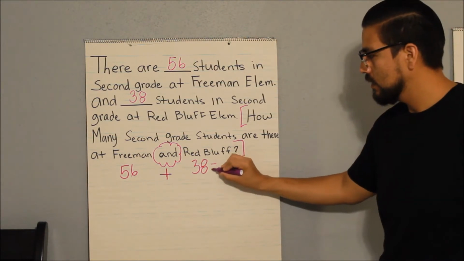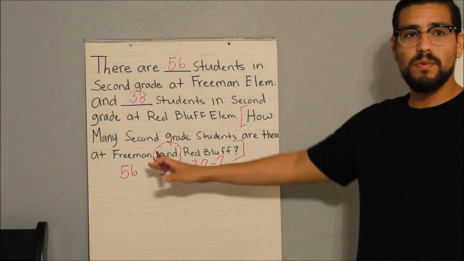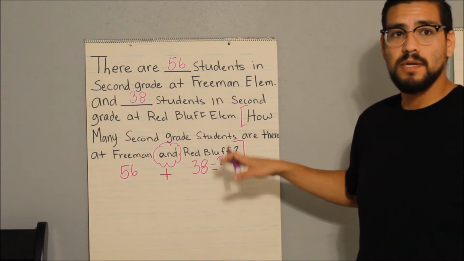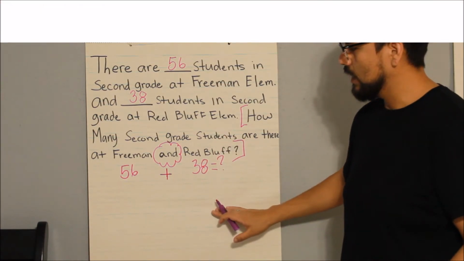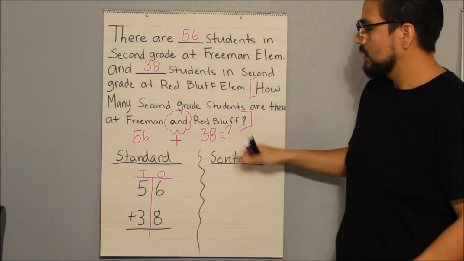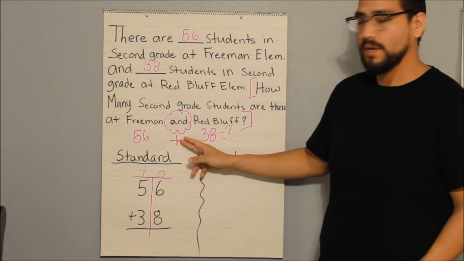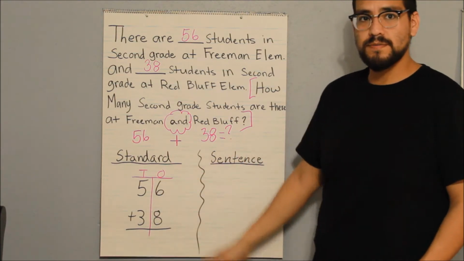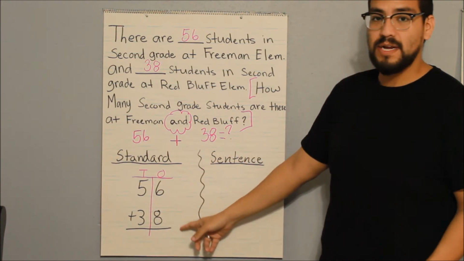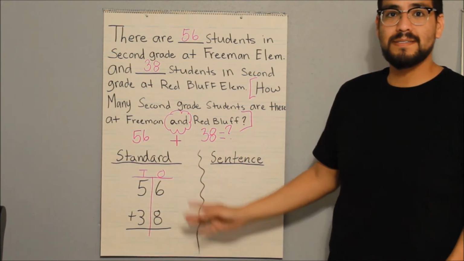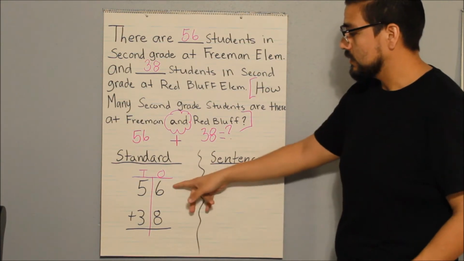Now, I already have my equation, so I'm going to move over here and we're going to solve it. I'm going to put it in standard form. This is the standard way that most of us do our addition and subtraction, and we're going to really focus on this and try to get really good at it.